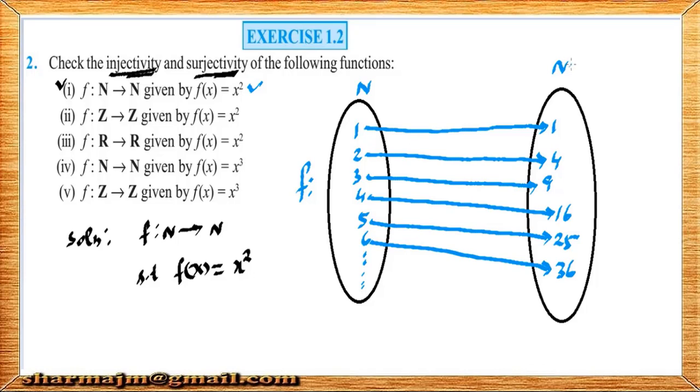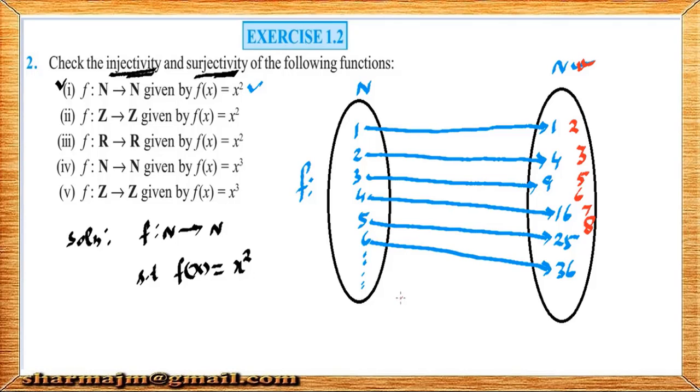But the codomain is the set of natural numbers. So here we have 1 and 4, but 2 and 3 don't have pre-images. Similarly, here we observe 5, 6, 7, 8. These are natural numbers on the right hand side, in the set of natural numbers, and they don't have pre-images.